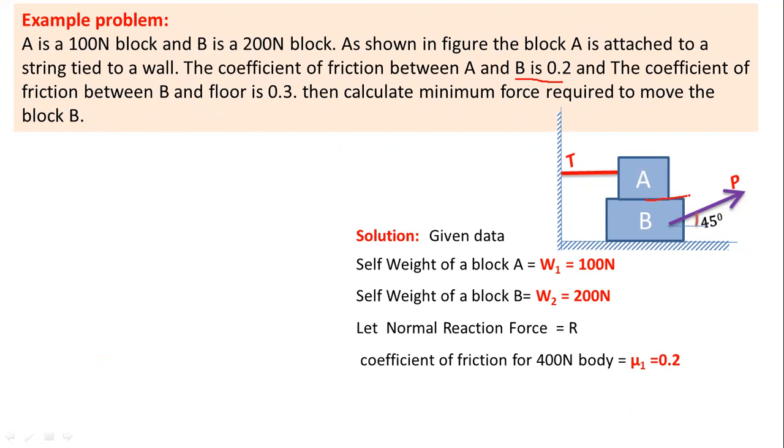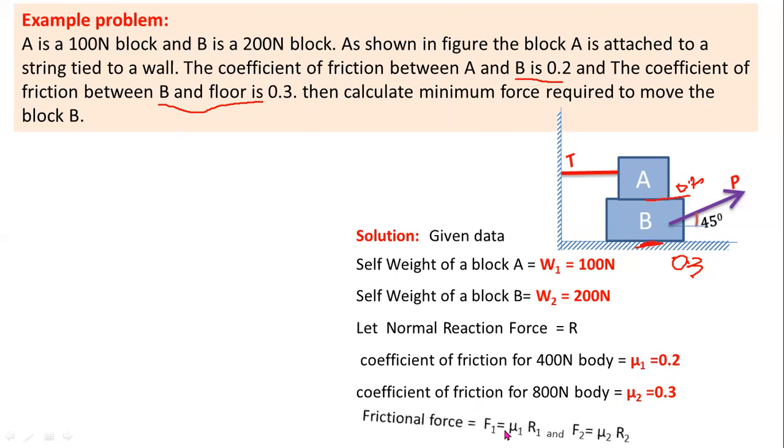So the mu value is 0.2 between blocks A and B. In a similar way, between block B and the floor it is 0.3. Let's consider the coefficient of friction between block B and the floor as mu2 equal to 0.3.